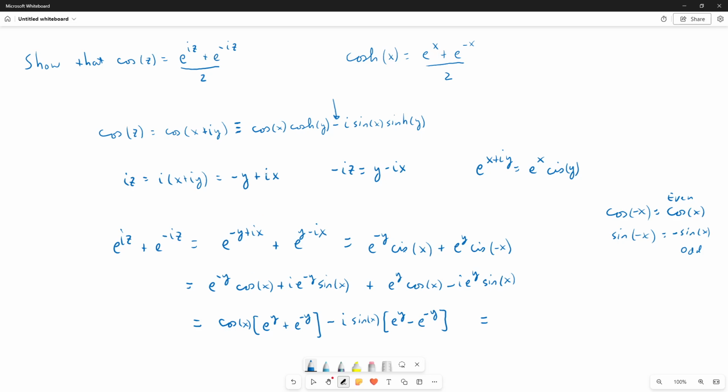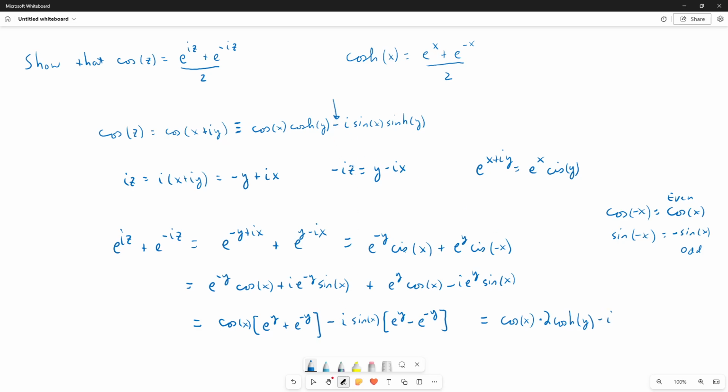We have cosine x, that matches. And now e to the y plus e to the negative y, this is twice the hyperbolic cosine of y. The hyperbolic cosine of y would have an over 2. So here we don't have an over 2, so we have twice the hyperbolic cosine of y. And then we have minus i.